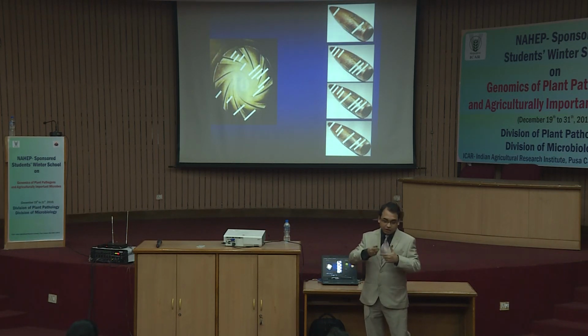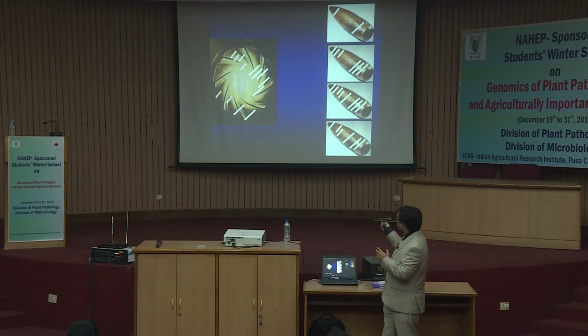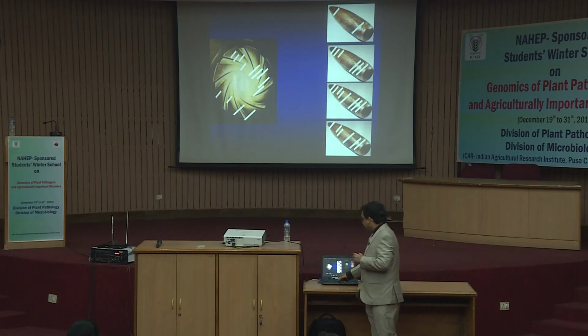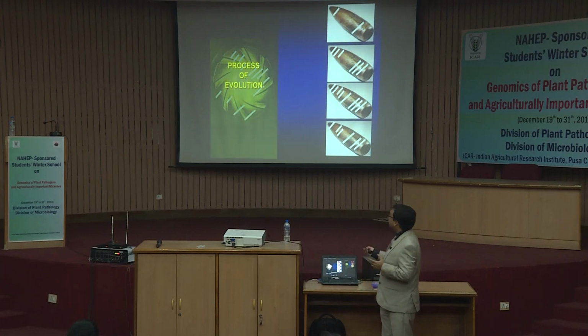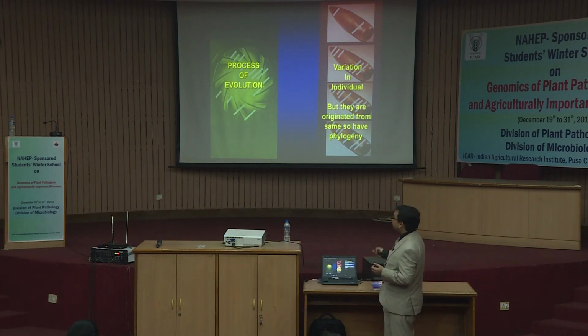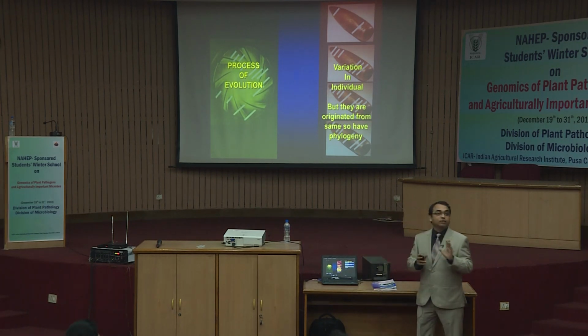Okay. So, during this shooting one by one, variation is created here, but there is some link. Similarly, this is the process of evolution: the shooting, and this is the variation in the individual, but they originated from the same source. So, they must have some phylogeny, some relationship.